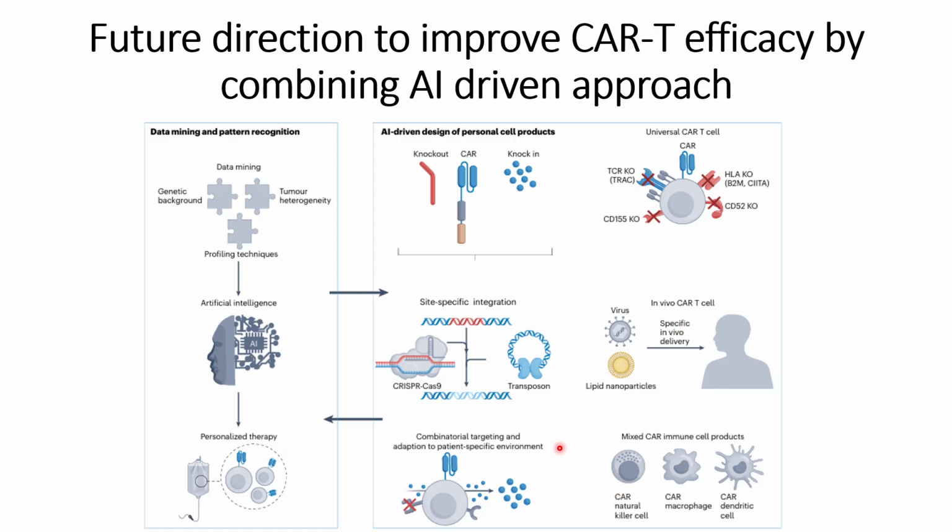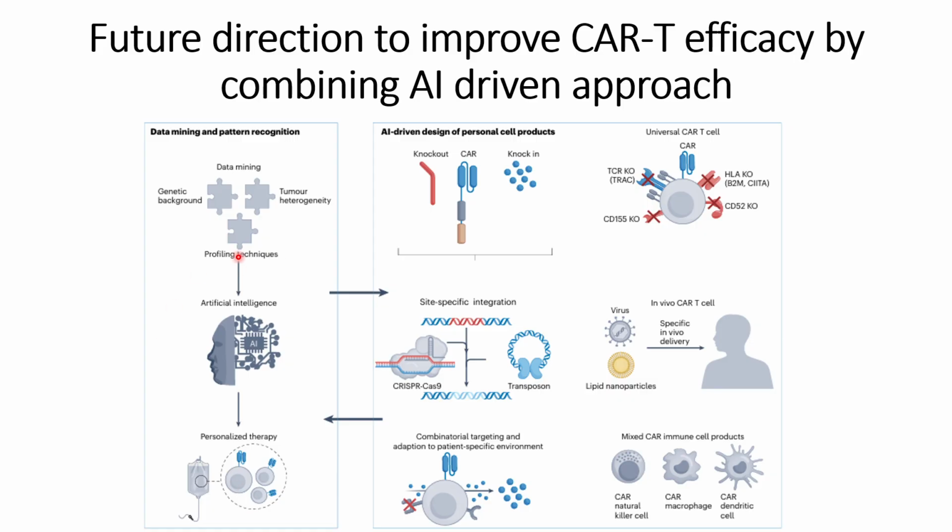The other thing that can be done is to use combinations, instead of using only the CAR-T cells, a combinatorial targeting, or we can say that one can use other immune cells such as NK92 cells along with the CAR-T cells, so that they will have a synergistic effect, and that will increase the immunotherapy efficacies against tumors much better compared to the case where only CAR-T cells are used.